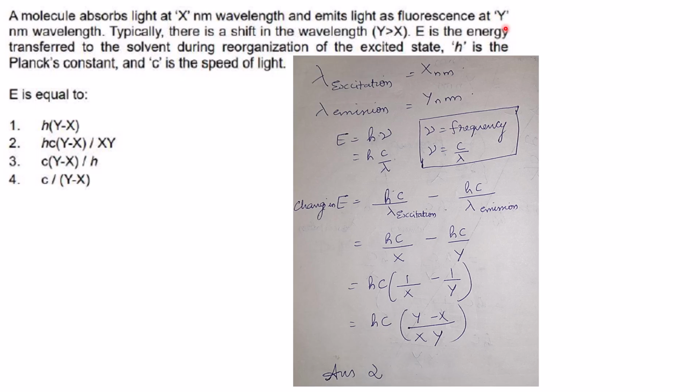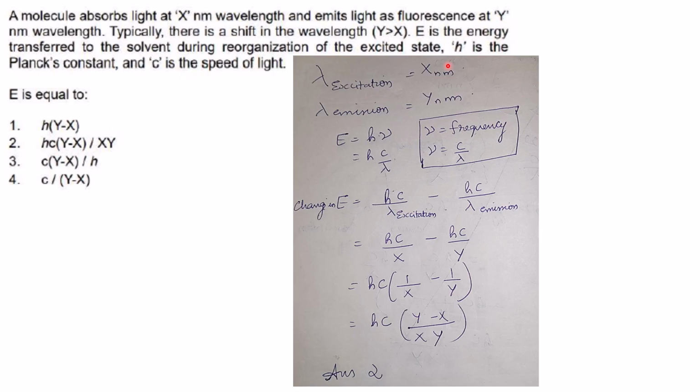Okay, so one is excitation, that is x, and the other is emission, that is y nanometers. Typically there is a shift in the wavelength where y is greater than x. E is the energy transferred to the solvent during reorganization of the excited state. And H is the Planck's constant and C is the speed of light.